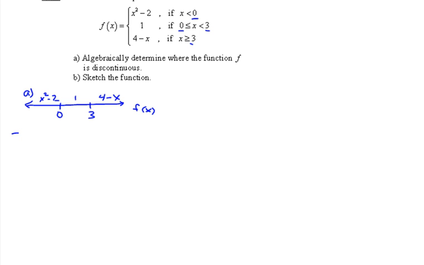The only places we have to check for continuity are the breakpoints.